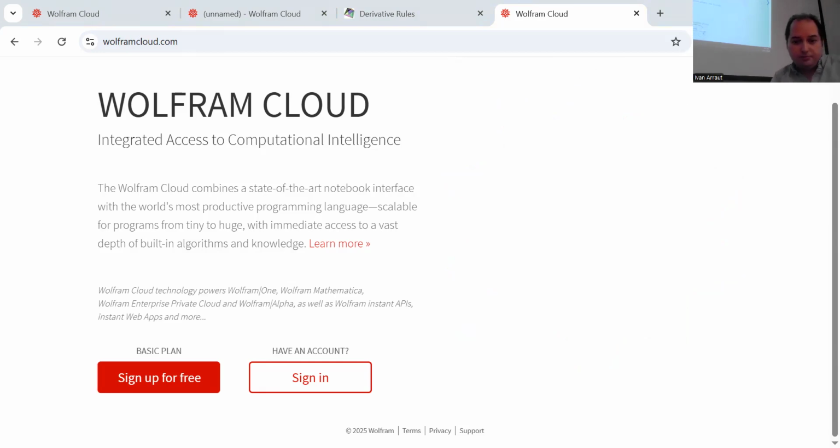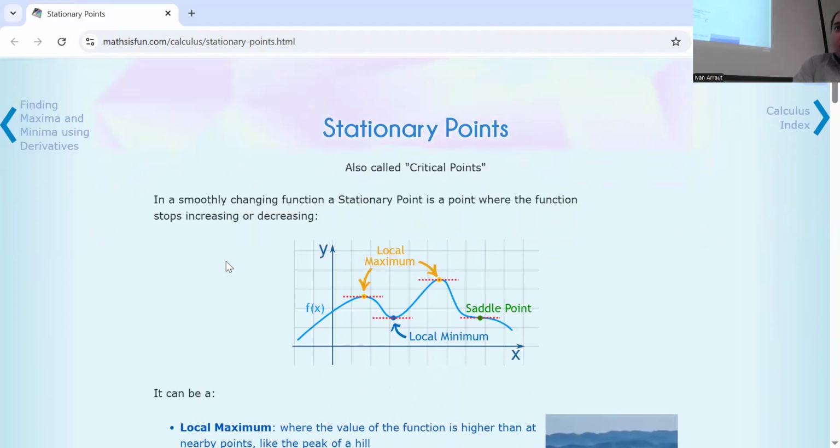In calculus, it's very, very important to locate what people call stationary points or critical points, because they measure something.